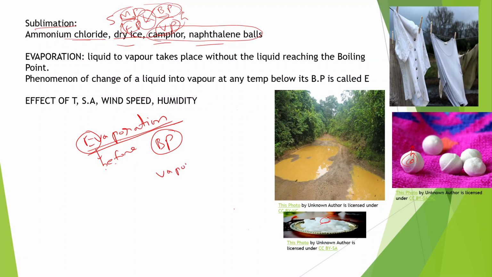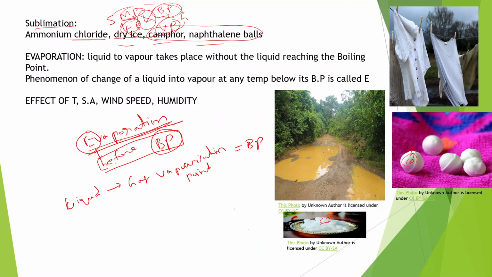Vaporization point is nothing but the boiling point. Before the boiling point, if a liquid converts into the gaseous state, it is nothing but evaporation. Generally in the rainy season in India, we know that our roads have so many pits.